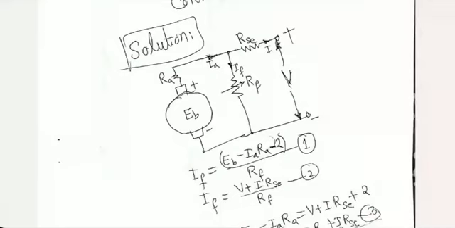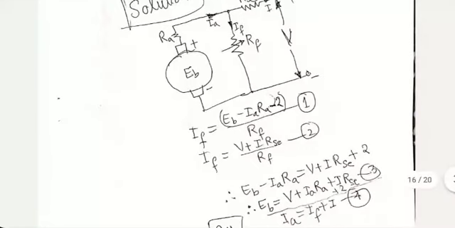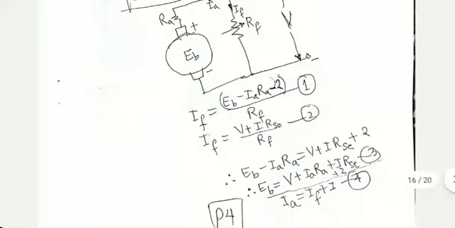The other equation is, if you use KVL, you will see that V plus drop across RSC will give you the voltage across RF. So using that fact, you write the second equation. And on top of it, of course, you can get more equations like IA equal to IF plus I. And if you equate equation 1 and 2, because the left side is the same, you get equation 3.